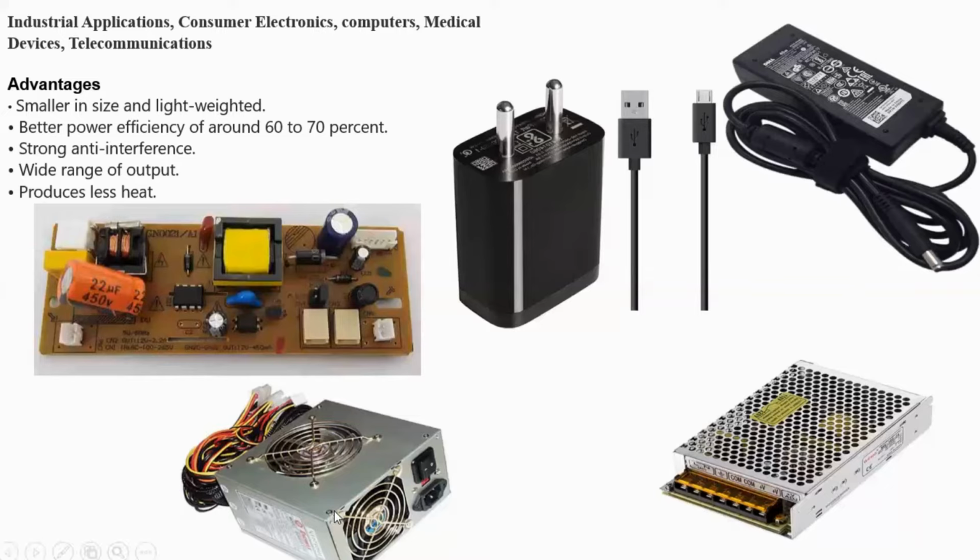On the bottom left-hand side, you can see a desktop computer box, which is also SMPS and runs the desktop computer. And on the right-hand side, for industrial devices, we use different types of SMPS. So I've just shown you where it is used and why it is used.